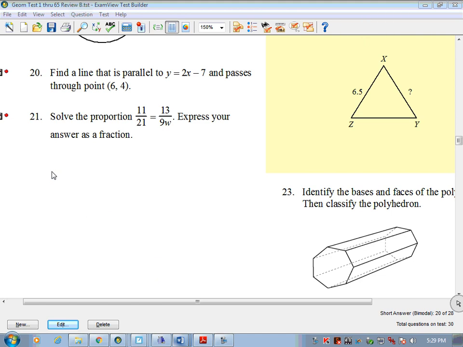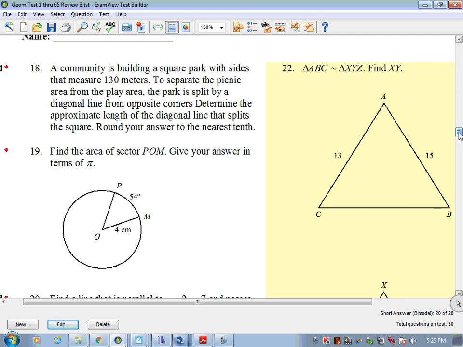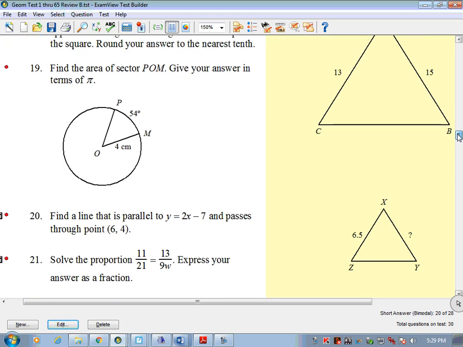Okay, 22. All right, so we're told that these two triangles are similar and we need to find x. Okay, so again, we set up a proportion here. Our big triangle over our little triangle would be 13 to 6.5. Then we want to set that up as big triangle over little triangle is 15 over x. So cross multiply and divide.